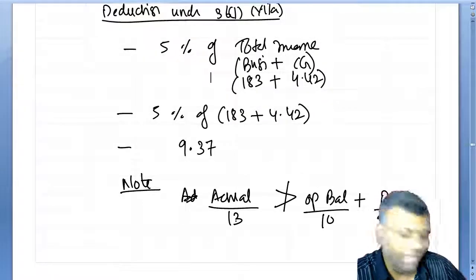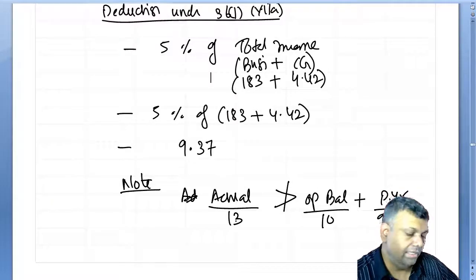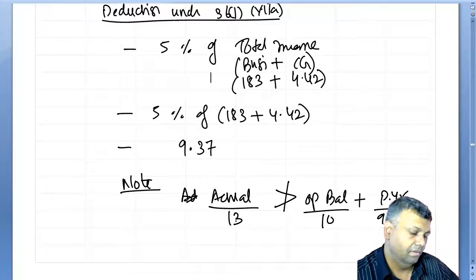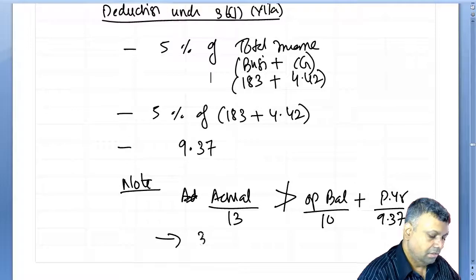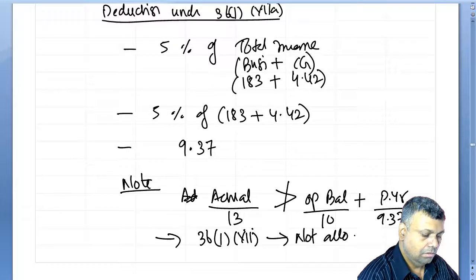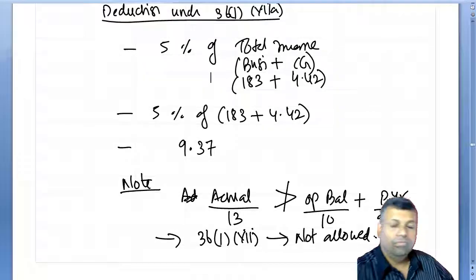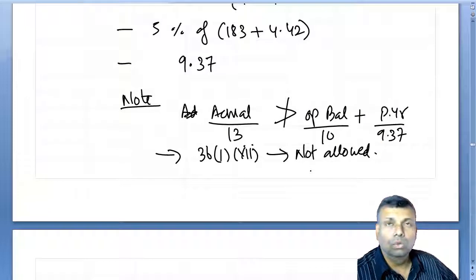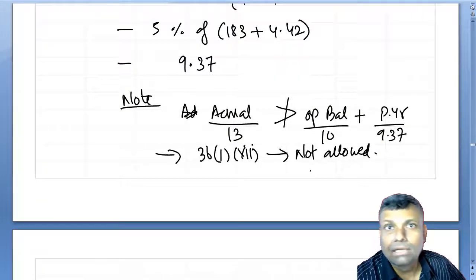Your actual is not greater than this figure. That means 36(1)(vii), the general deduction is not allowed. That's the real key conclusion here.